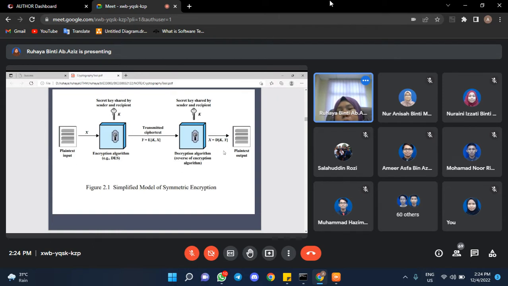At the end, if you have the key, you can change the ciphertext into the plain text so that the receiver can read that. That is the simplified model of symmetric encryption. So the process is like this.